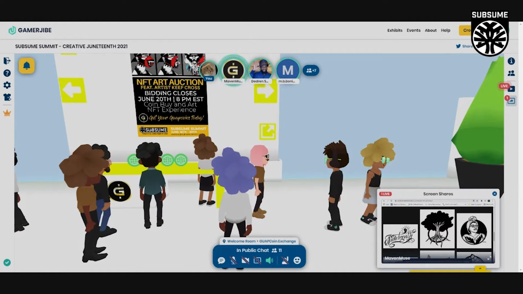It's really dope, in my opinion, that you chose to have Guap as the exclusive coin for this auction, for this event, to showcase Guap here amongst all of these great creatives. This is really an honor, and it's been a lot of fun, actually, just being in this avatar space.